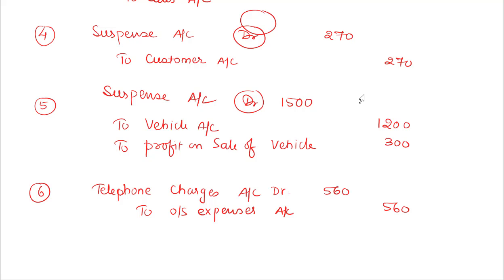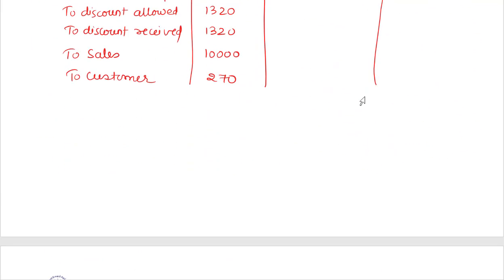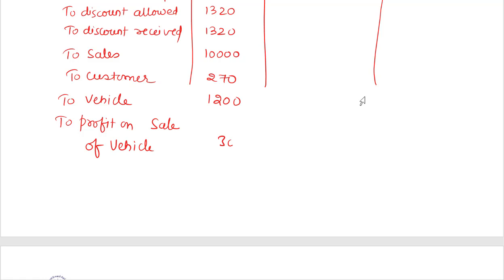Over here it is suspense. Vehicle and profit on sale of vehicle. So to vehicle 1200. To profit on sale of vehicle, that is 300.